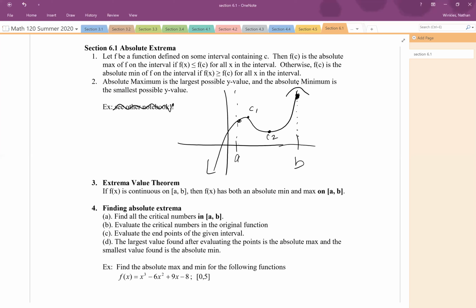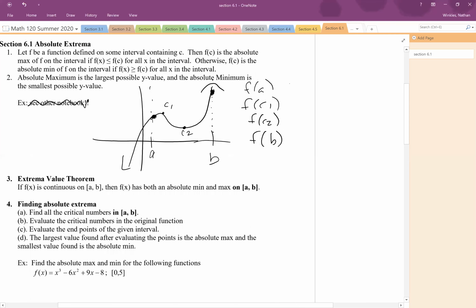So by creating this relative max and relative min, what we're basically saying here is one of these values, f of A, f of C1, f of C2, and f of B, somewhere inside of here, one of these values is our absolute max and our absolute min.